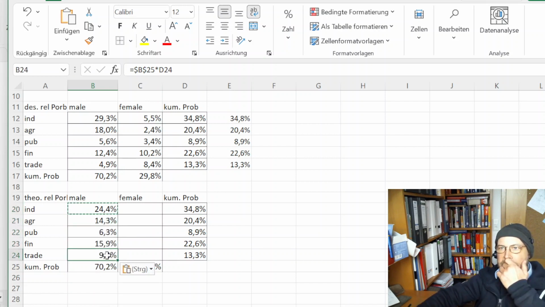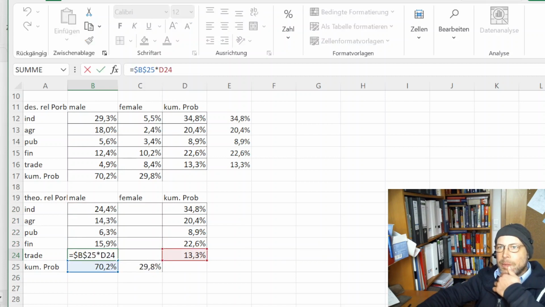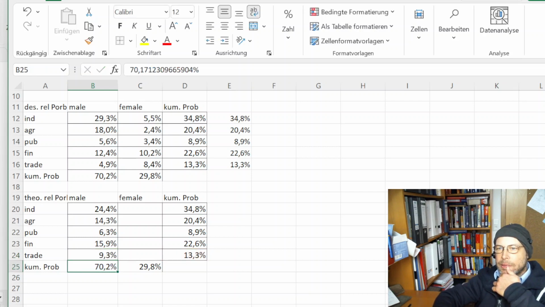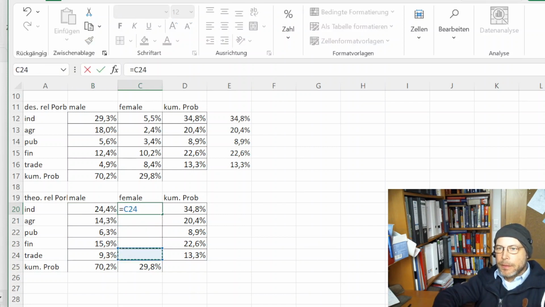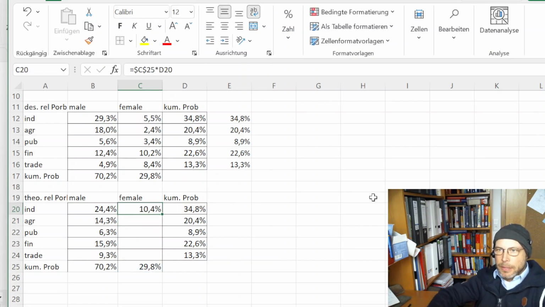And now if you click in here, you see I still have the B25 at this point. And then in order to calculate these, 0.28 fixed times the cumulative probability, and down here.